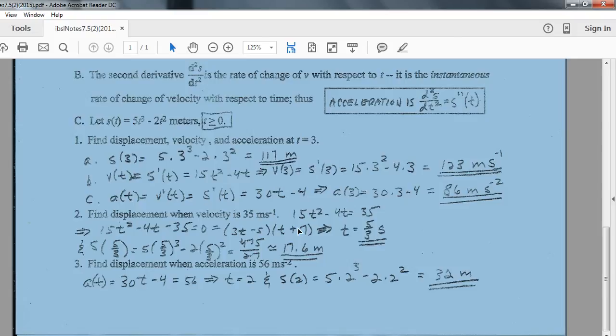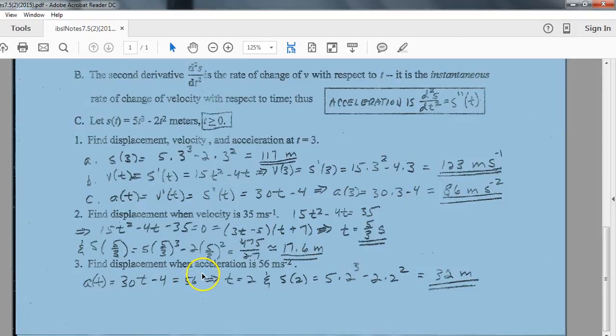I can't have a negative amount of time, so I'm going to throw out the negative 7, and I'm just going to use 5 over 3. To answer this question, they were asking about displacement, so now that I know the time, I can take 5/3 and plug it into the original position function in order to figure out the distance that was traveled at that amount of time.